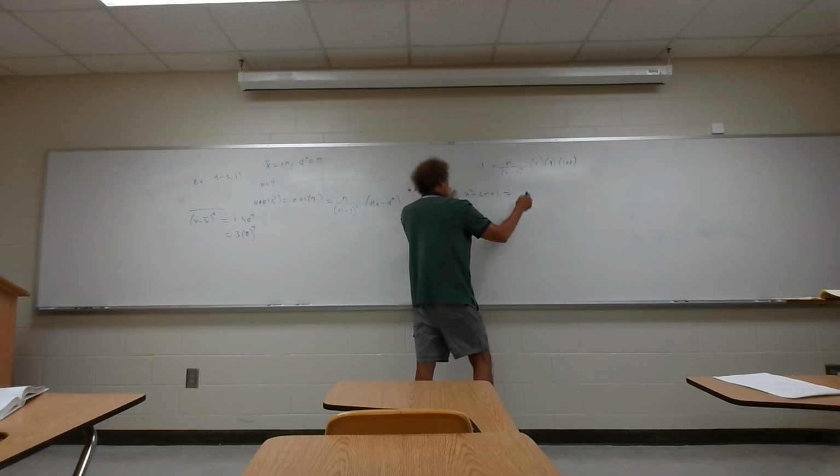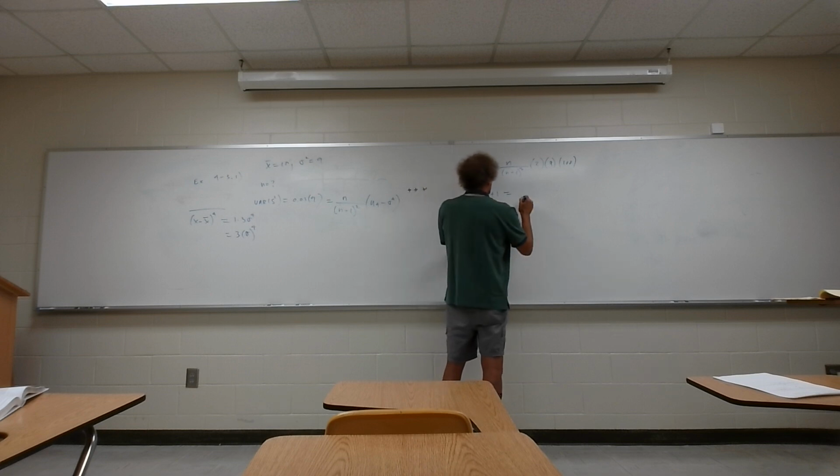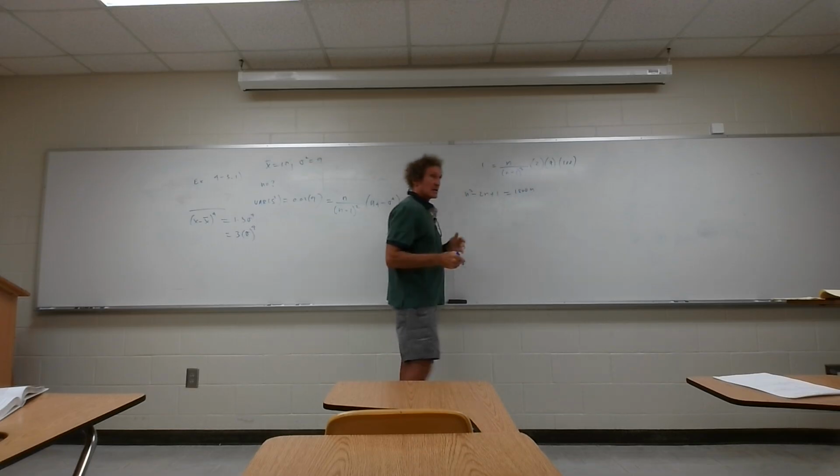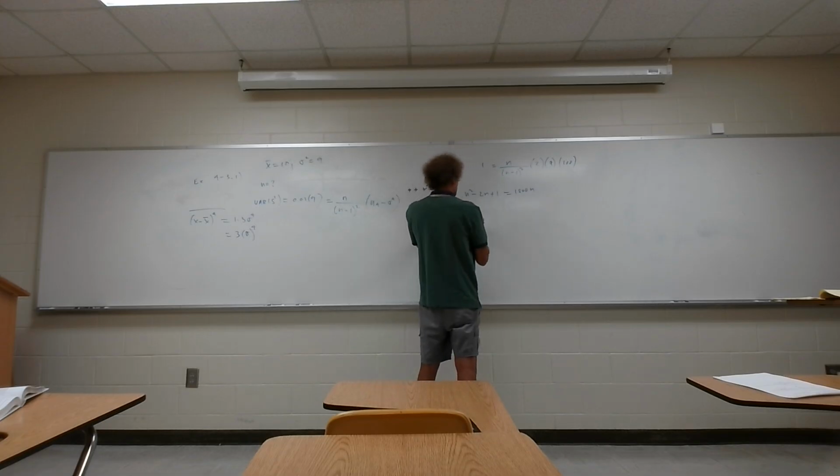I'm multiplying both sides by. n minus 1 squared is equal to 1800 n. Agreed? Go ahead and take this to this side, so I get n squared minus 1802 n plus 1 equals 0.